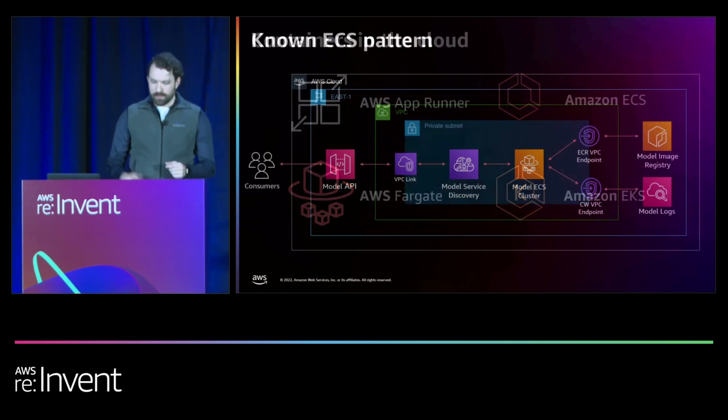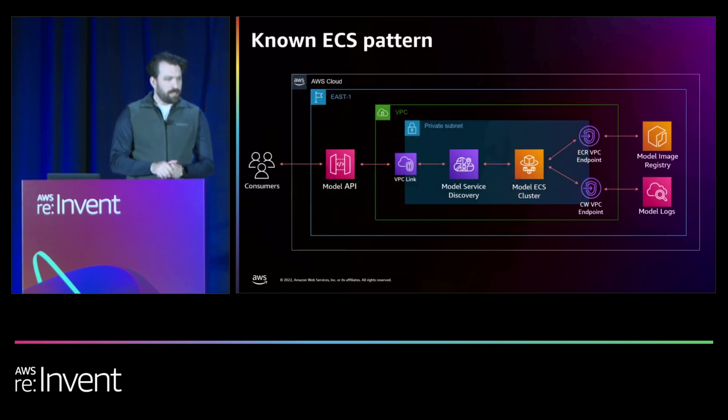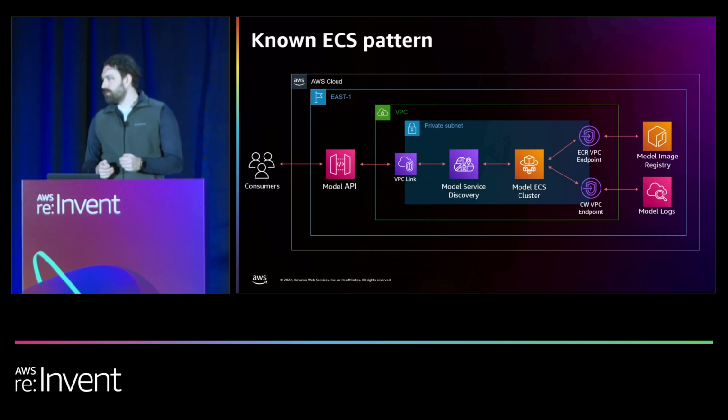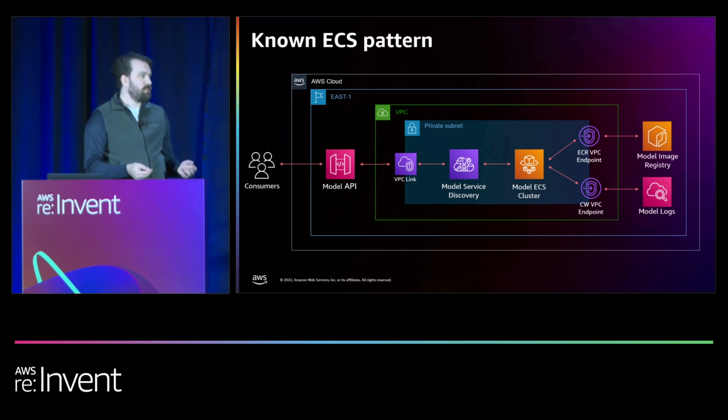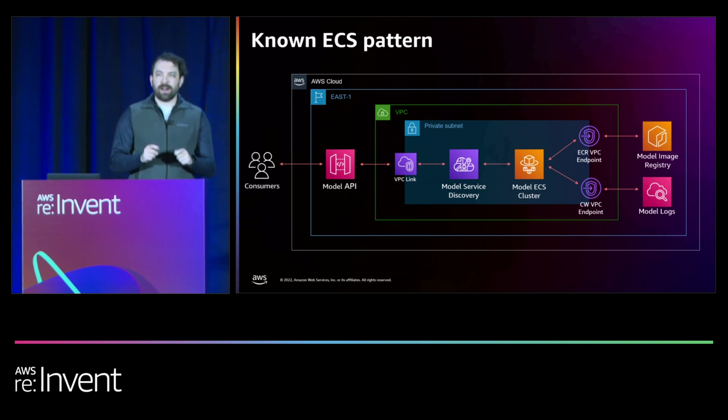And what did that give us? Well, it gave us the known ECS pattern. And there's a lot of you out there that I'm sure run Fargate applications and have dealt with some of the complexities that come when you decide to run with Fargate. But with those complexities also comes the ability to do really fine-grained control and do a lot of application tuning at every single stage of the process.